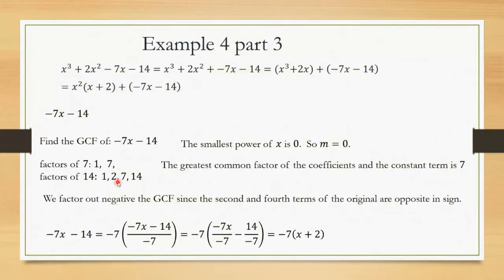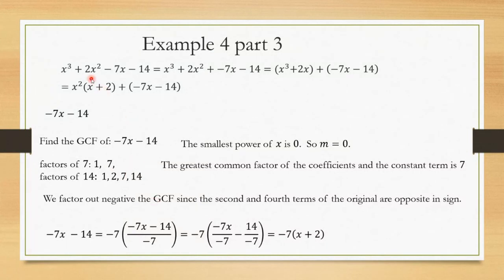Factors of 14 are 1, 2, 7 and 14. So 7 is the greatest common factor among the coefficient and the constant term. I mean, you can always list the factors if you want. What I'm trying to illustrate is you don't have to. Because 7 is a factor of 14, 7 is the GCF.